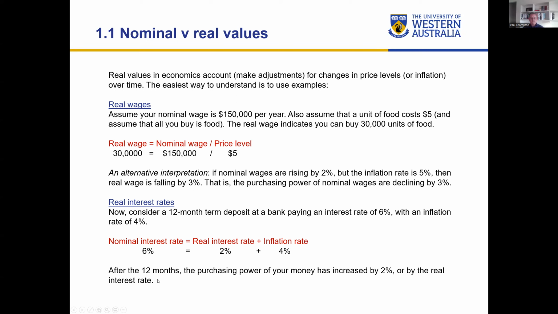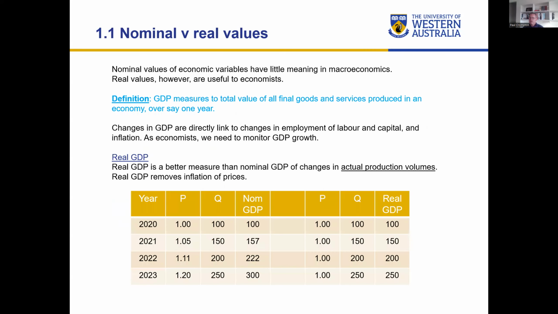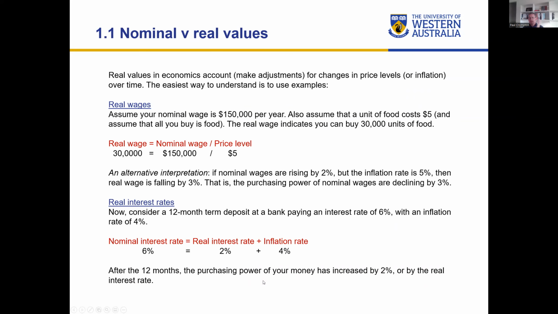So I'll leave it there, and just keep in mind that the nominal measures of these variables tell you very little. And it's worthwhile challenging yourself, going back and trying to explain why nominal GDP tells us very little, why nominal wages tell us very little, and why nominal interest rates tell us very little.